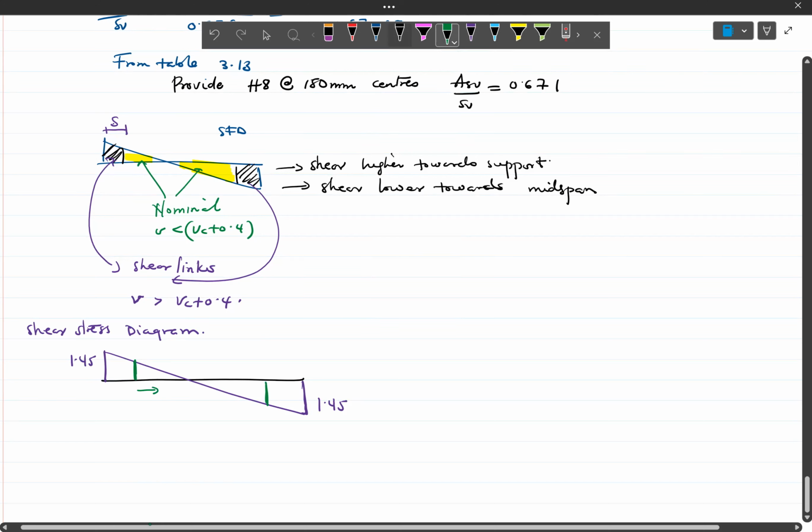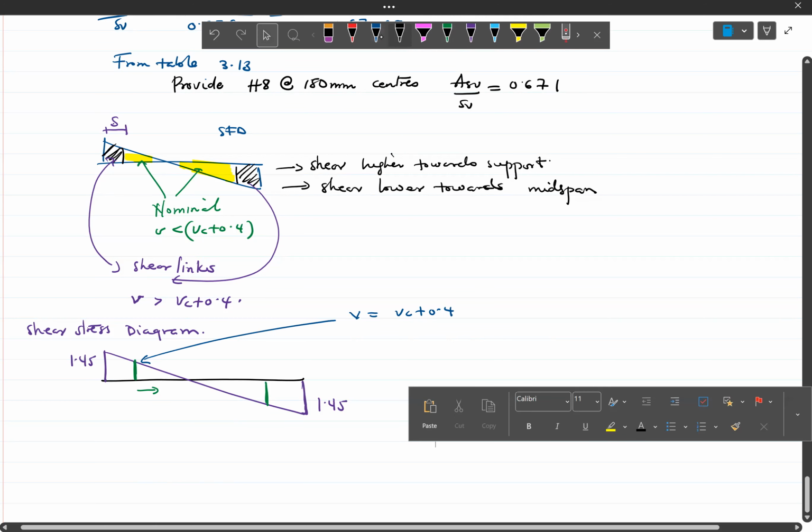How do we find that value? This value here should be equal to vc plus 0.4. It becomes the boundary.